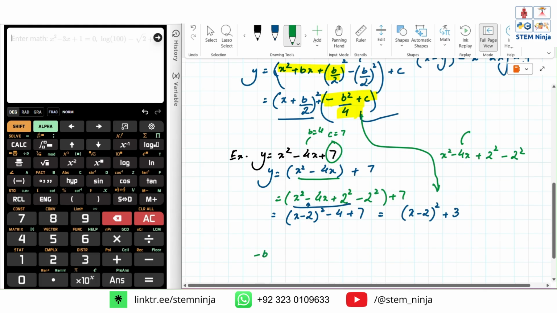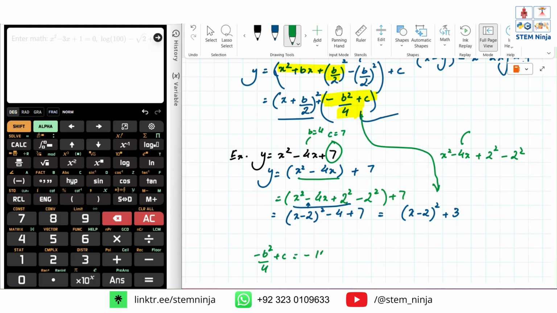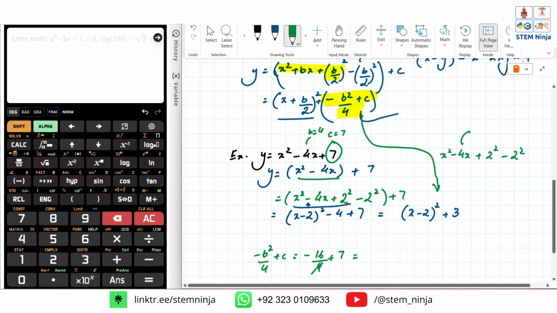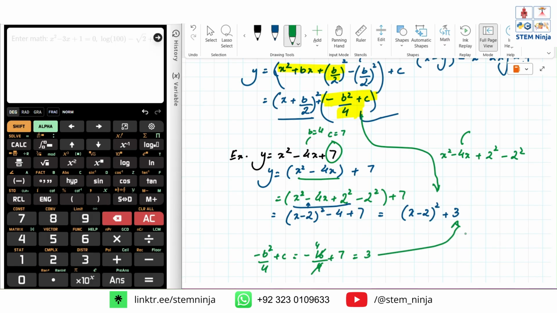So when you have minus b squared over 4 plus c, you have minus 16 over 4, and c was 7. So minus 4 plus 7, that is 3, and that is exactly what we end up with.